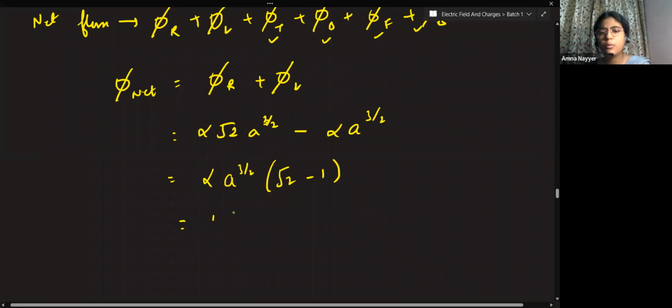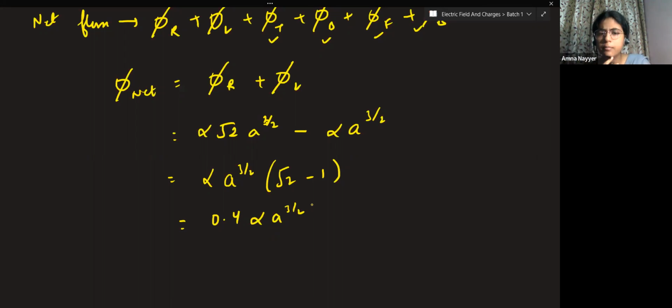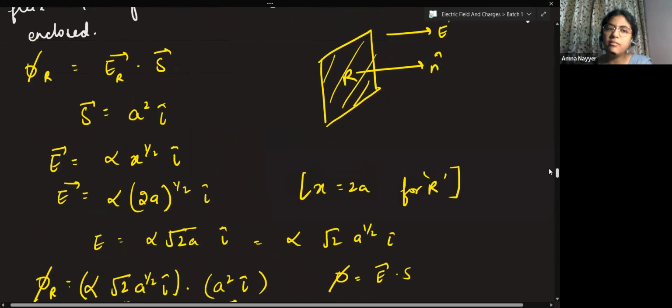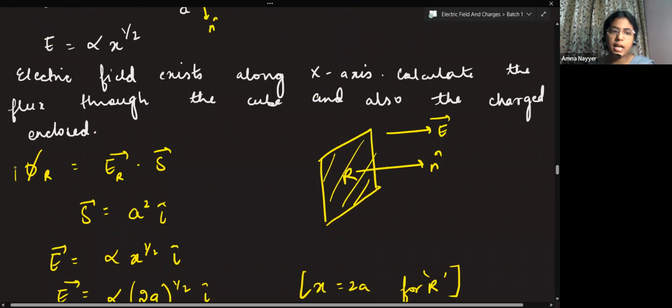So this will be 0.4 alpha a to the power 3 by 2. So this was for the first part. We have taken the flux for the left hand side, right hand side, top, bottom, front, back.